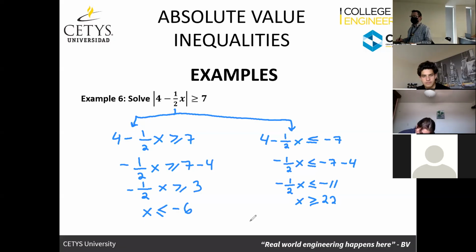And so here the interval is going to be from -∞ to -6, including the -6, union with 22 to infinite.